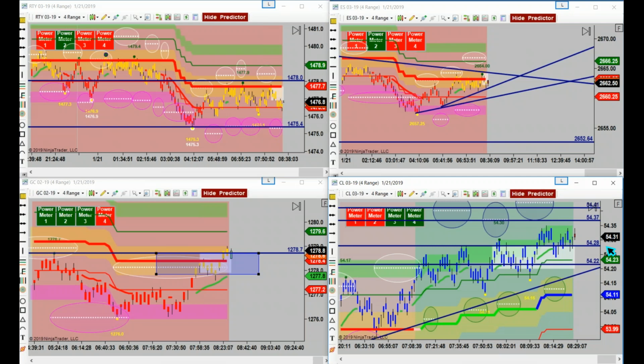Still riding a runner. All right, market opens in 2 minutes. Let's get ready to trade these things.